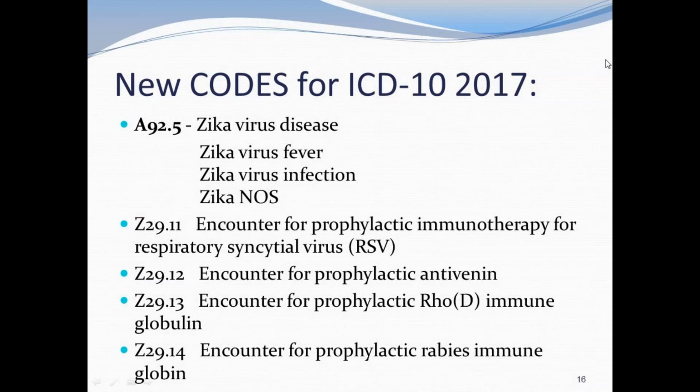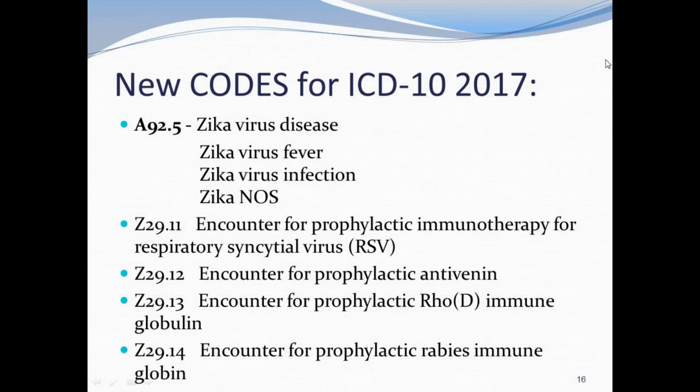So we also have some others listed here. That is your encounter for prophylactic immunotherapy for RSV. Okay, so that's the Z29.11. We did actually have just the Z23, but these are specific to which immunization you're giving.